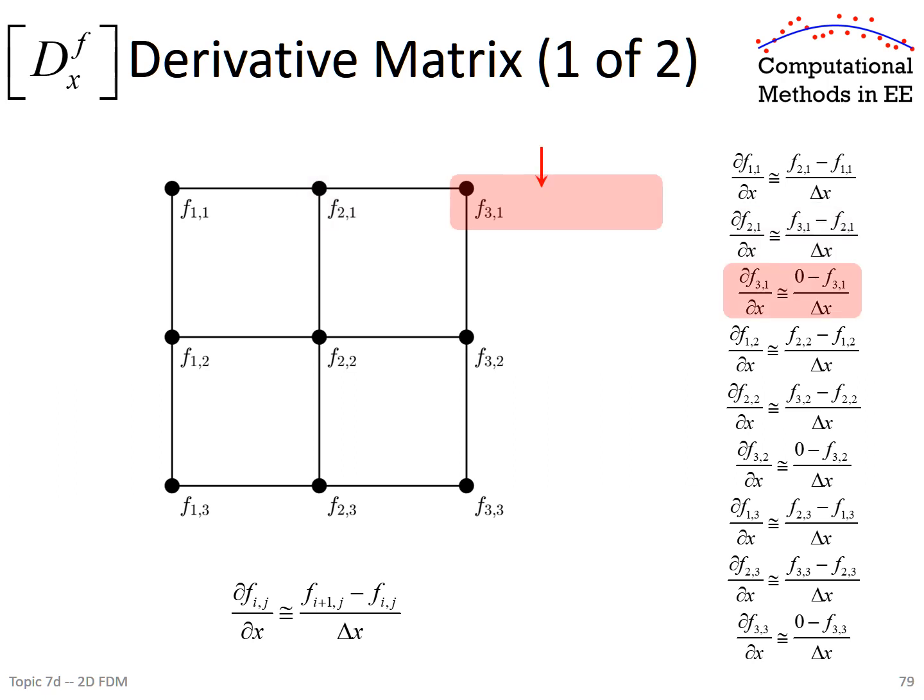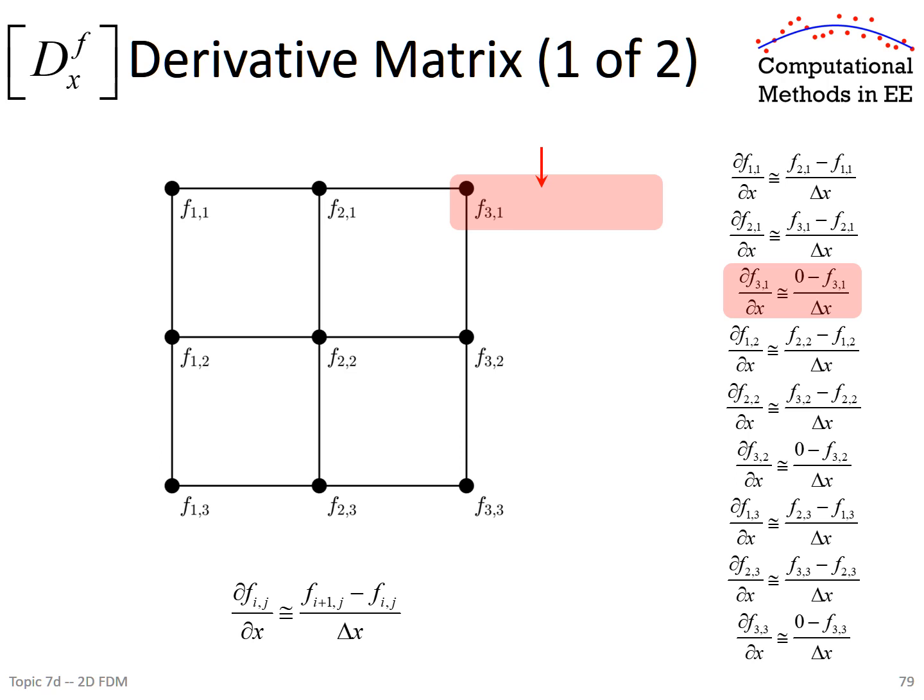We're still writing a finite difference equation at cell 31, so it's the equation for F31. However, we'd like to be accessing an F41, and we'd have an F41 minus F31 divided by the spacing. However, that's outside our grid, so using Dirichlet boundary conditions, we put a 0 in here. So we're just left with 0 minus F31 over delta x. And that's how we handle the boundary condition.